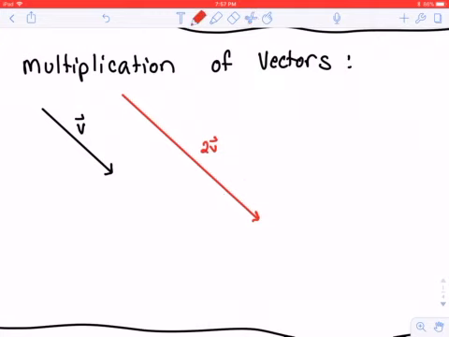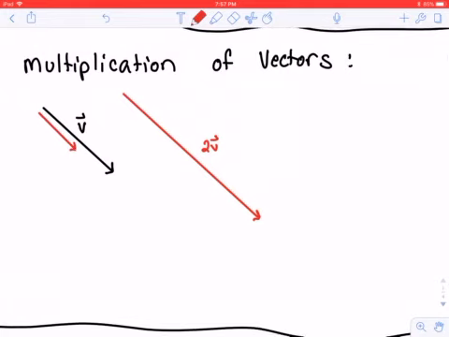Same thing if I did 1/2 v. Again, here's 1/2 v. I'm trying to do that better. There we go. So there's 1/2 v. And again, if I wanted to move that, I could. It's just kind of hard to do it right there, so I'll write it next to it. Wasn't really thinking ahead there at all. But this is going to be your 1/2 v.